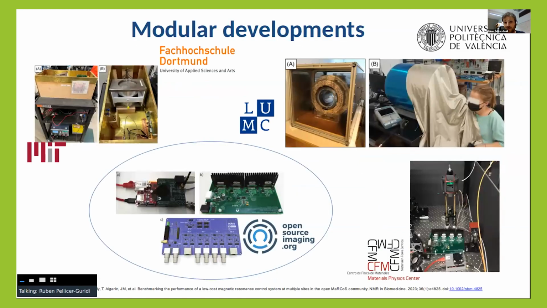And for example, here I wanted to show you one of the projects that has brought people together. Here I'm showing 4 different groups, but it is actually wider. And it is through modular developments that can be reused.